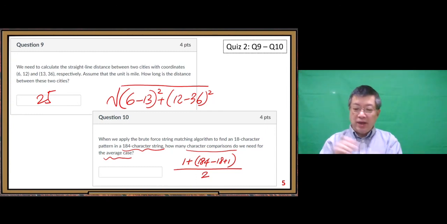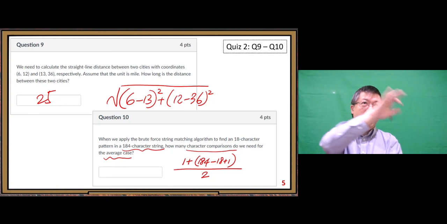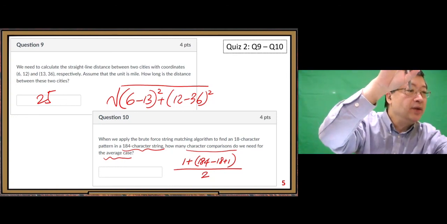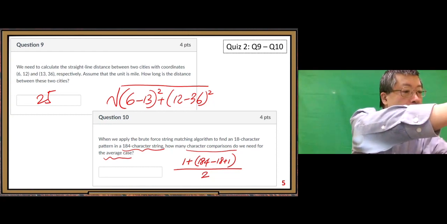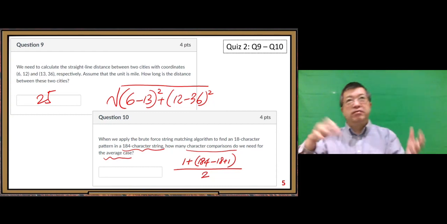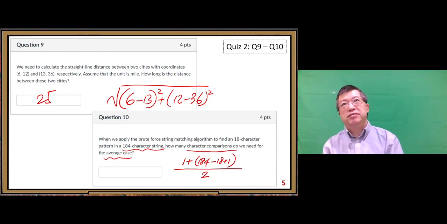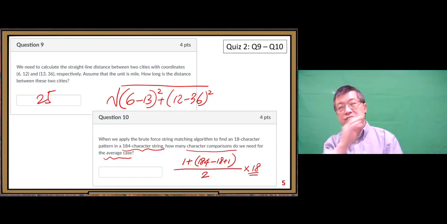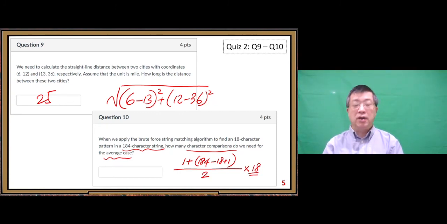But here it is correct because all the intermediate cases, they have the same chances. So that's why we can use this formula, then multiply 18, right? 18 characters. Because every time you need to do this many character comparisons.